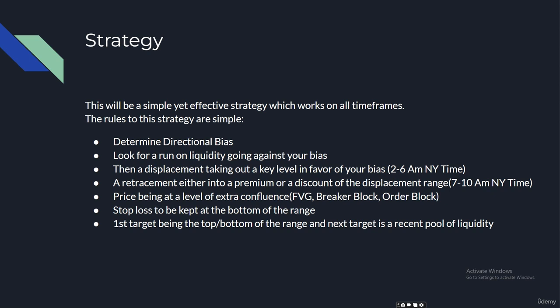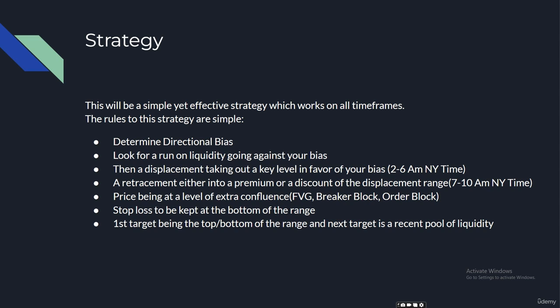That's where you'll actually enter. You'll keep the stop loss at the bottom of the range. Then your first target would be the top of the range or the bottom of the range, depending on whether you're bullish or bearish.